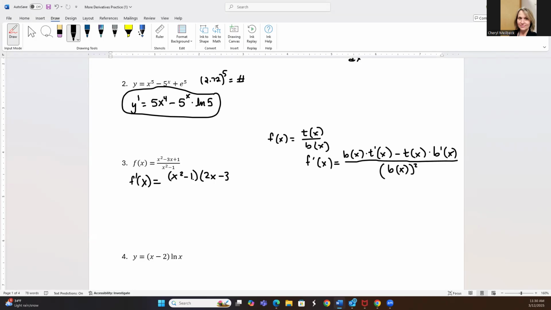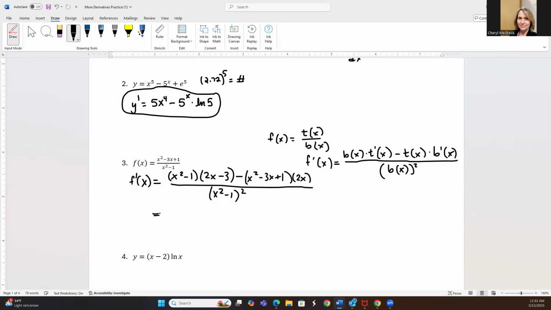And the derivative of 1 is 0. So the derivative of x squared minus 3x plus 1 is just going to be 2x minus 3. And then we subtract the top function, which is that x squared minus 3x plus 1, times the derivative of our bottom function, which is going to just be 2x. Now in our denominator, we'll have x squared minus 1 squared. So we followed that formula exactly.